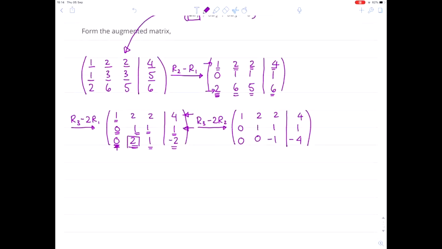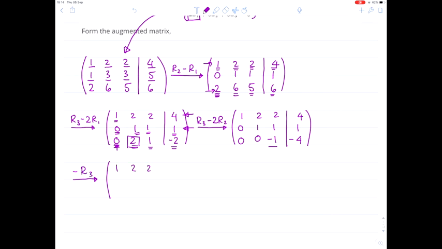So the last little thing that we can do is convert this minus 1 into a plus 1 by multiplying the third row by minus 1. So the final little thing we're going to do in this example is say minus row 3.